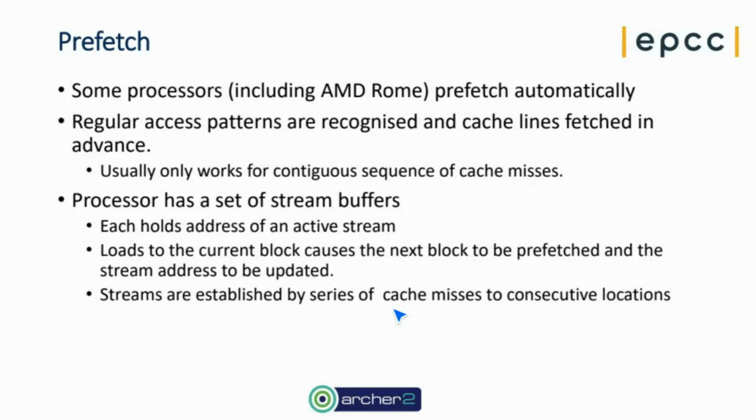If you have random accesses, then the prefetching was never going to be triggered. The way it normally works is that you would normally need accesses to 2 consecutive cache blocks in order to trigger the prefetch stream.